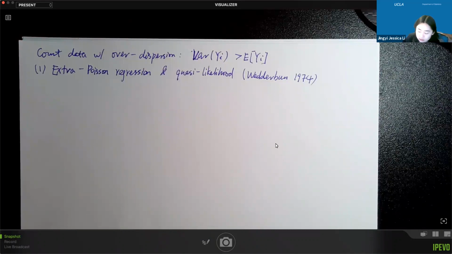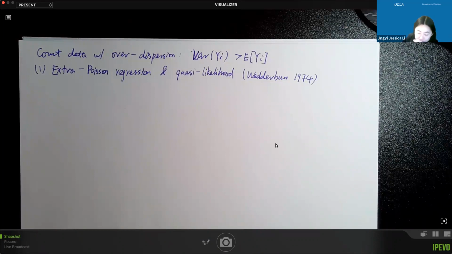So the quasi-likelihood, I think, is a very interesting thought. That is, we still want to utilize the likelihood or log likelihood function for Poisson regression, but we want to allow the variance to be different. So we don't want to stick with the constraint that the variance must be equal to the mean.